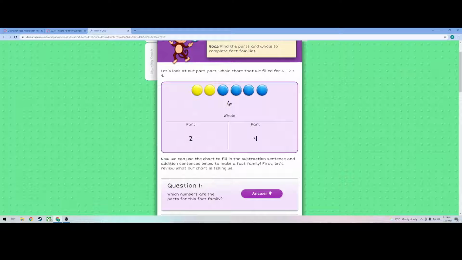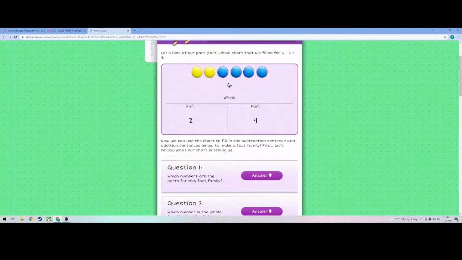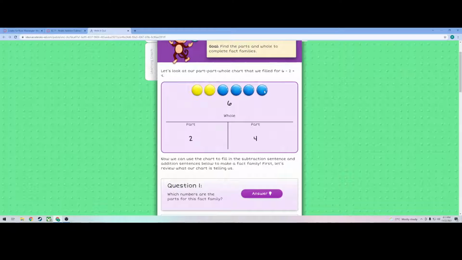Now, we can use the chart to fill in the subtraction sentence and addition sentences below to make a fact family. First, let's review what our chart is telling us. So the first question is, which numbers are parts for this fact family? Those are 6 circles.